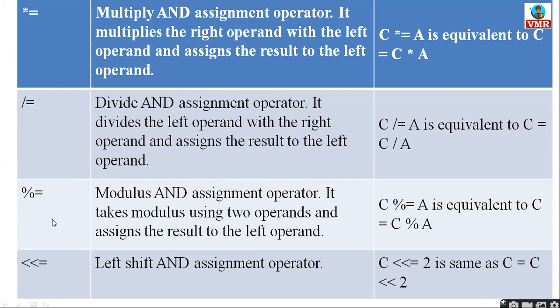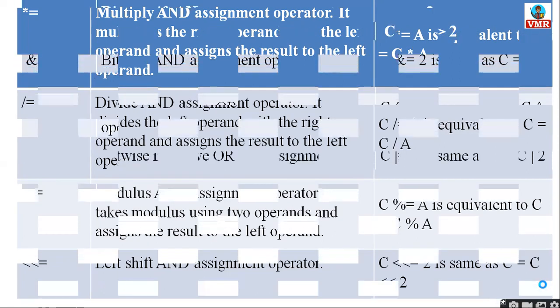Okay, and modulus is equals to, that is the modulus and assignment operator. It takes a modulus using two operands and assigns the result to the left operand. So C modulus is equals to A, which means C is equals to C modulus of A. And then the left shift and assignment operator: C left shift is equals to 2, which is the same as C is equals to C left shift of 2.